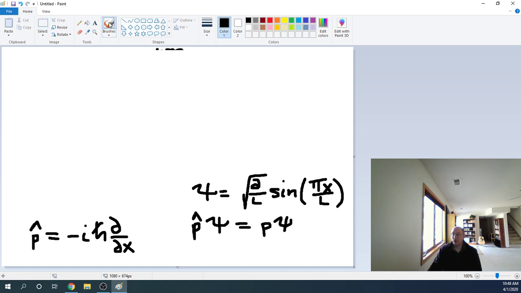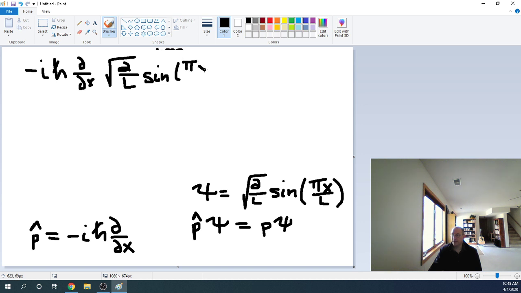So if this is our momentum operator, we have negative i times h bar, times the derivative of psi, and here's psi, the square root of 2 over L sine of pi x over L. All right, here we go.